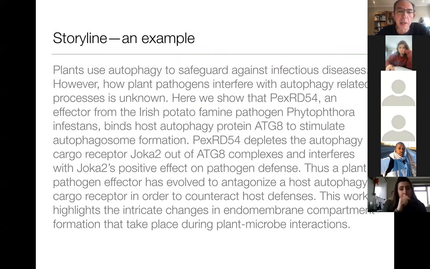And then this shows that the plant pathogen effector has evolved to antagonize host autophagy. So we're now answering that with this conclusion, we're answering that unknown. And then at the end, there's an implication, which is a more general sentence. This would highlight the intricate changes in endomembrane compartment formation that take place during plant pathogen interactions.